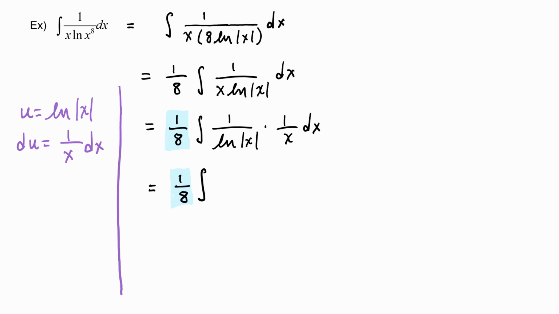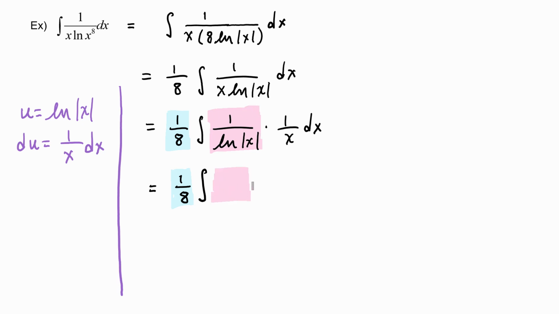Integral. Here we have 1 over the natural log of the absolute value of x, and because u is defined to be the natural log absolute value of x, this becomes 1 over u.